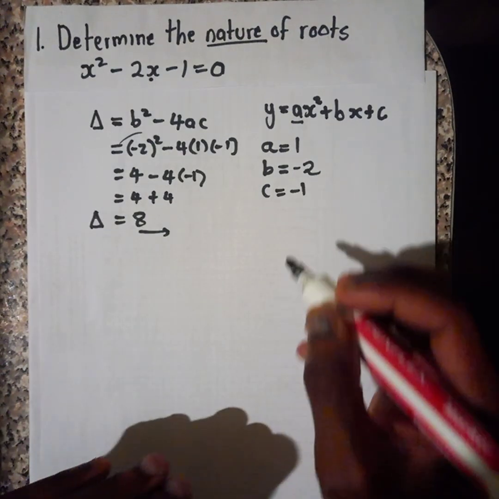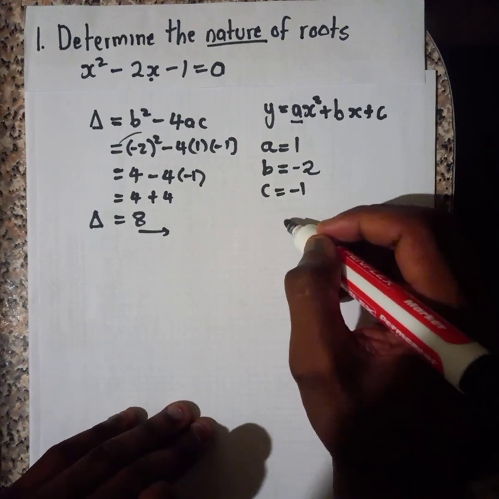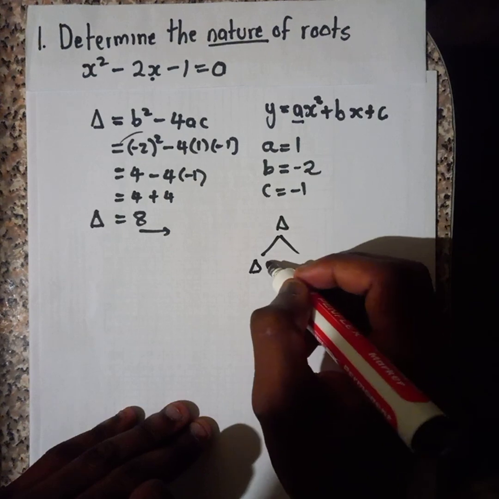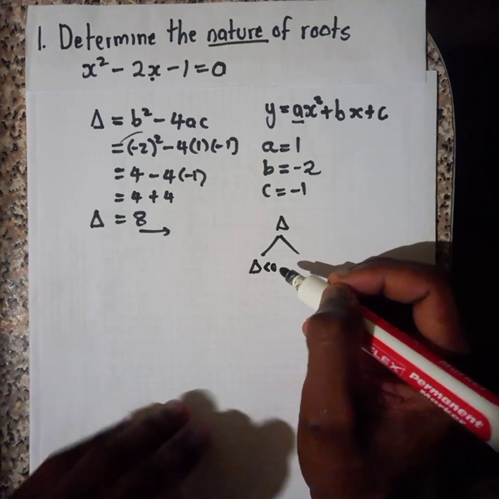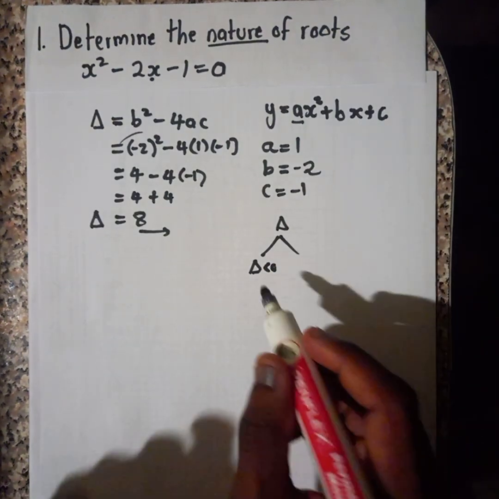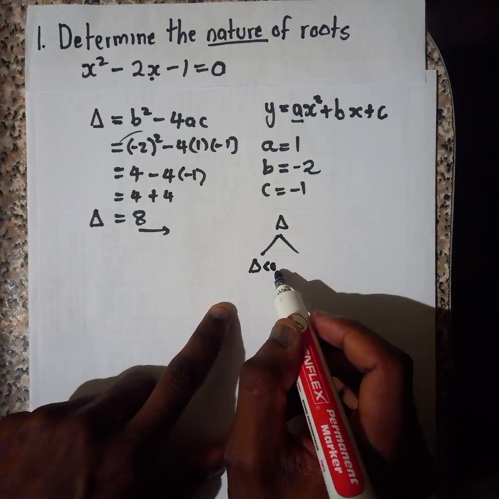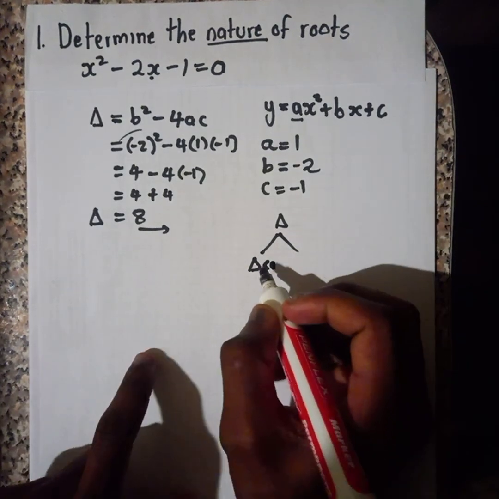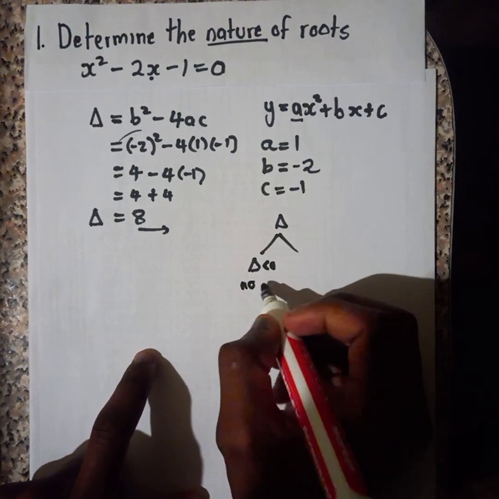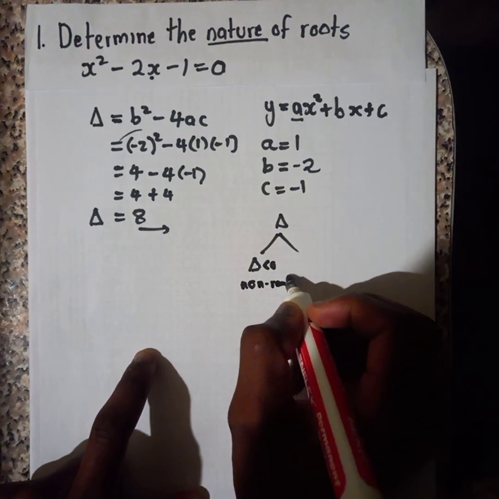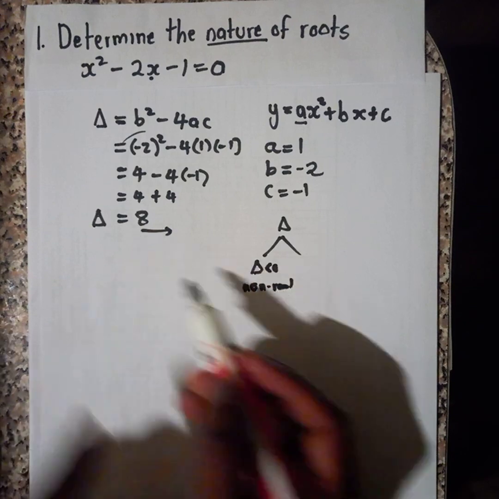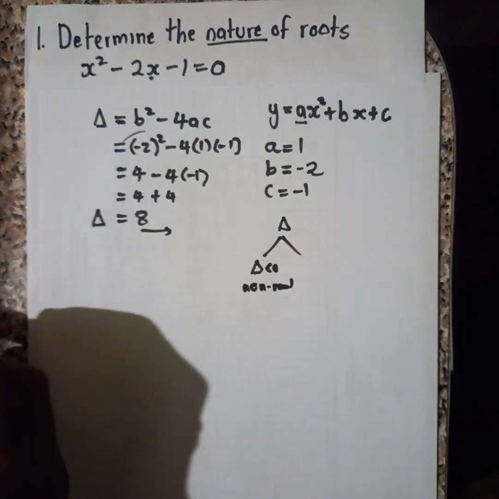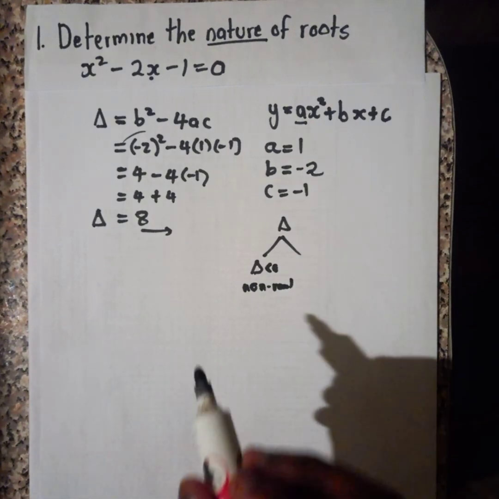We said we have the following cases or conditions whereby our delta is less than 0. Such roots, we say they are non-real. Is 8 less than 0? Definitely not.